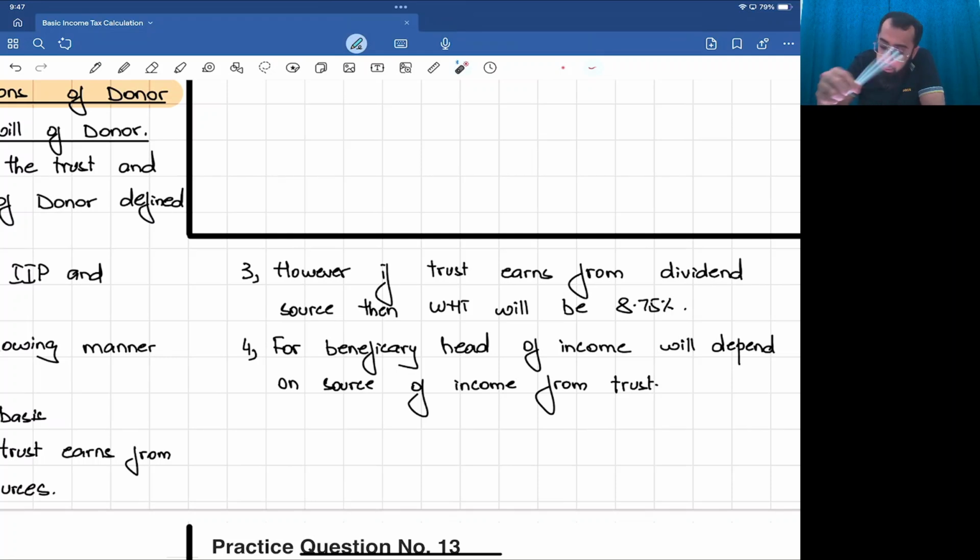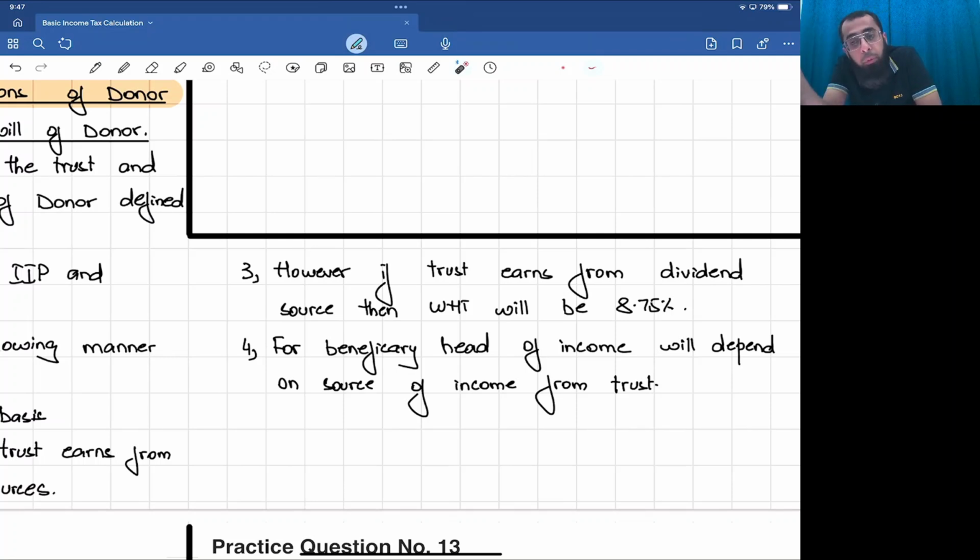For the beneficiary, the head of income will depend on the source of income for the trust. If the trust earns from non-saving sources, for the beneficiary also it's non-saving income. If the trust earns from saving sources, for the beneficiary also it's saving income.